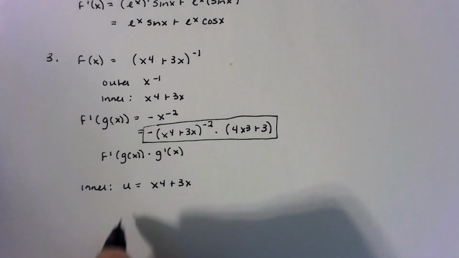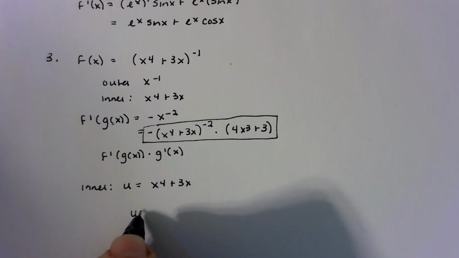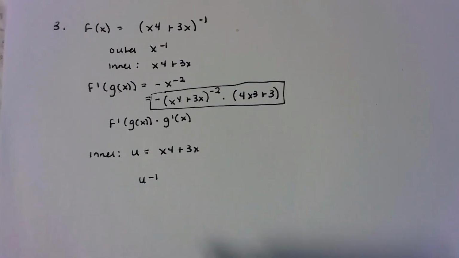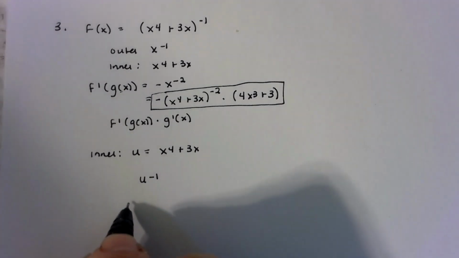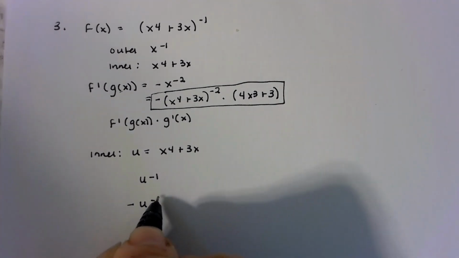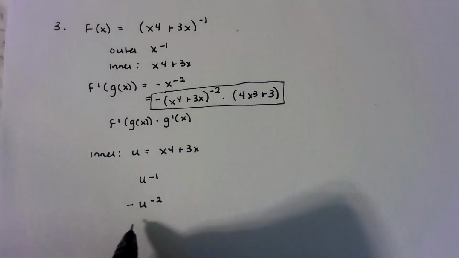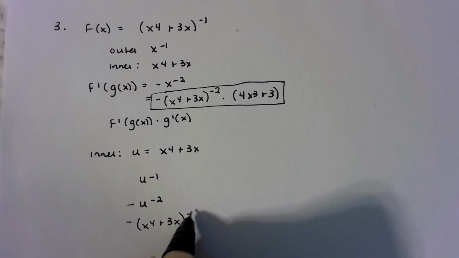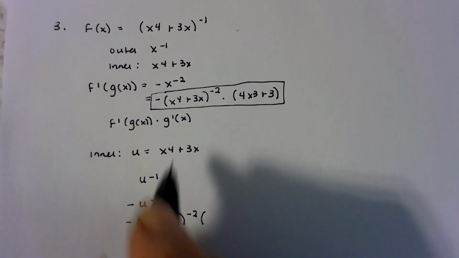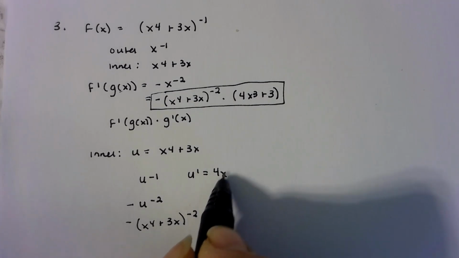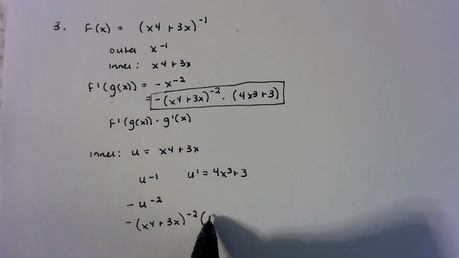My function then looks like u to the negative 1, right? And we know how to take the derivative of that. It's just the power rule. It's negative u to the negative 2, and then we've got to back substitute u in. So that'd be negative x to the 4th plus 3x all to the minus 2, times the derivative of u. Well, what's the derivative of u? It's 4x cubed plus 3, so we would multiply that.